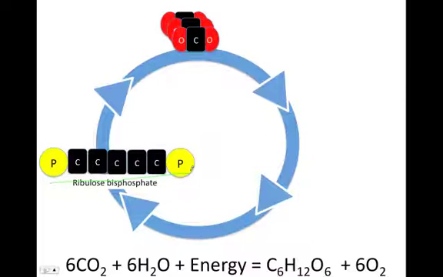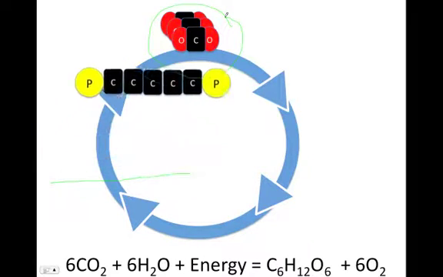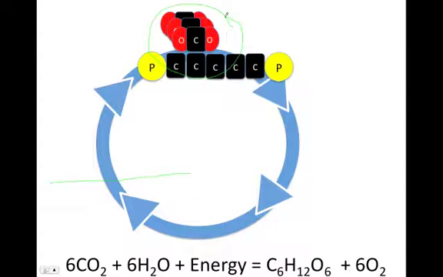So we're going to take our ribulose bisphosphate, and we're going to take 3 carbon dioxide molecules that we've brought into the plant. Now, we are only going to follow one of those carbon dioxides. So just remember that everything that you see happening is actually happening in triplicate. We're going to send our ribulose bisphosphate over to interact with that carbon dioxide.